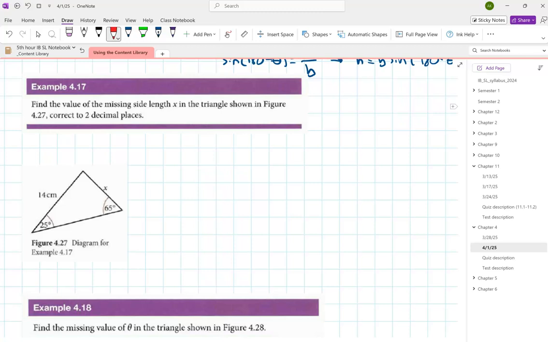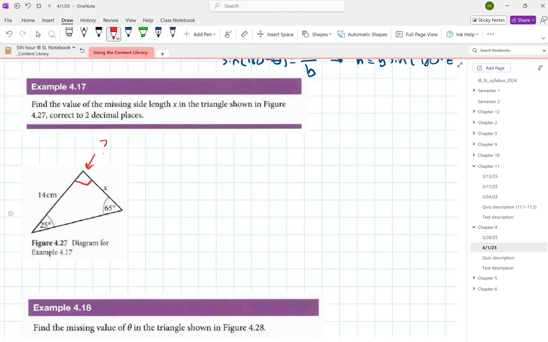So, is that a problem or no? Is there a complication here? Well, what is this angle here? How much is that? Yep, it's 90, right?